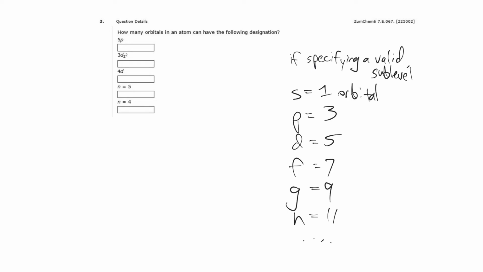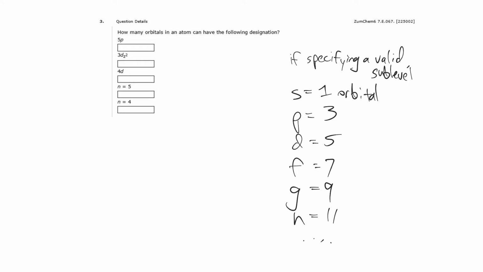Now, some of these designations name a particular orbital within a sublevel. And as long as that name is valid, and to know that you'd have to read Chapter 7 carefully, because there are some valid names. I don't think they're trying to trip you up on whether any given name is valid or not, but there are a set of valid names, and they're all solutions to Schrodinger's wave function, which specifies a region of space where there's a high probability of finding an electron.